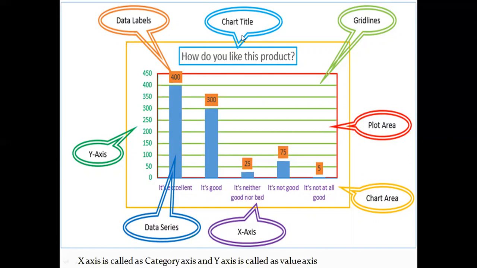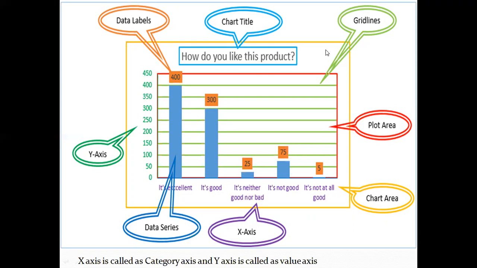This is the title I have given: How do you like the product? Of course you can change the title and keep it relevant to your chart. How to get it, we are going to see in coming lectures, but for now we will just remember the names.